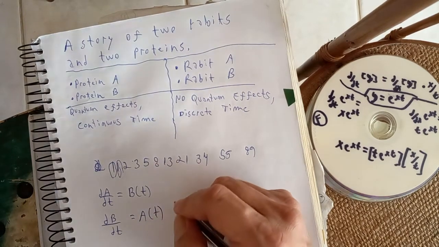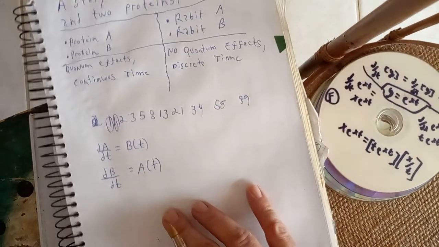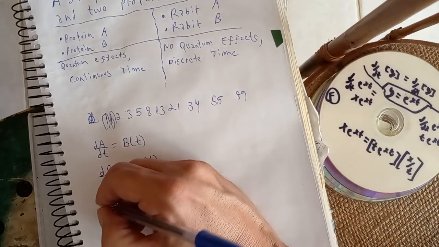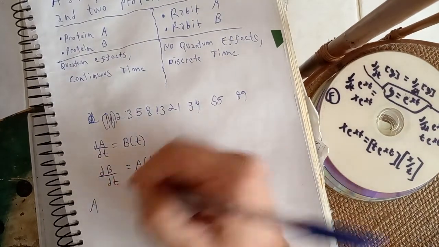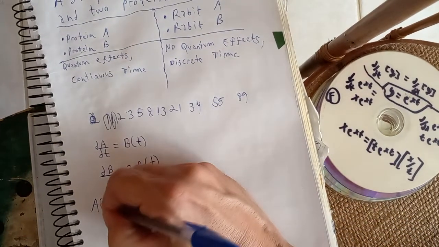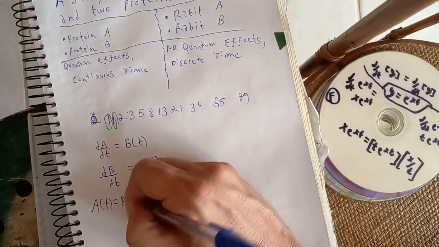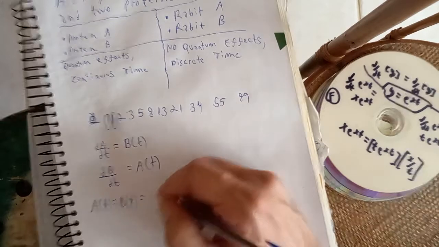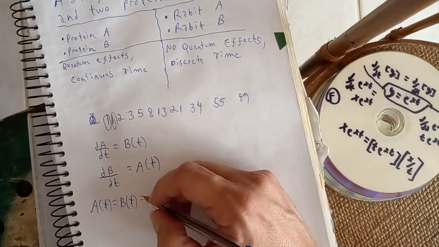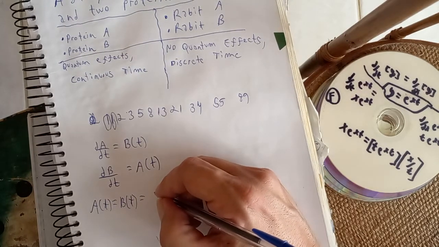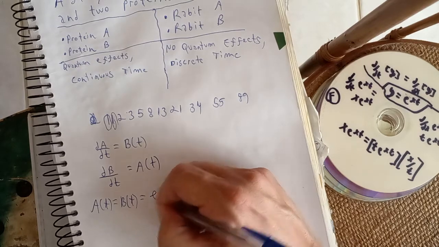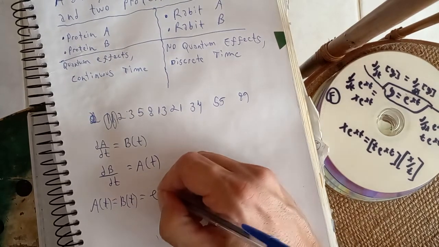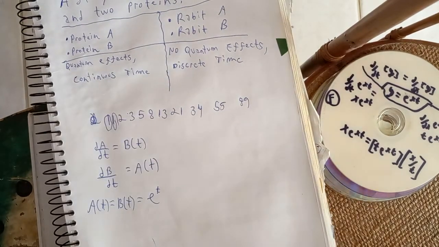I'm not going to bore you with the details, which you certainly have seen somewhere before, or maybe not, but you will. Who knows? So the solution goes A of t equals B of t equals e raised to the t, the natural exponential function.